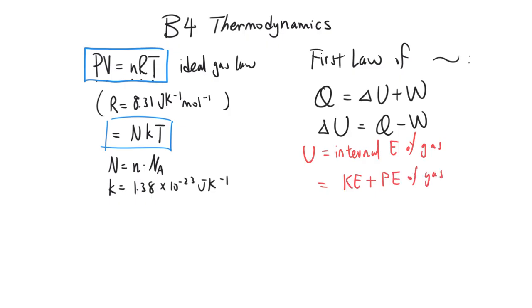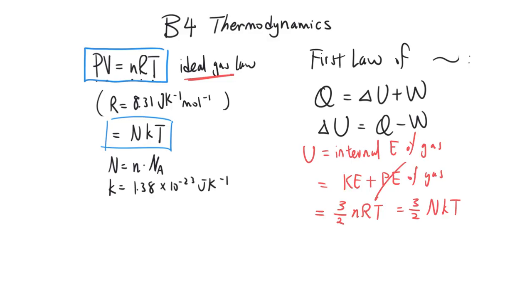But for the sake of ideal gases, this PE part is eliminated. So we only care about its kinetic energy, and we know that the kinetic energy of an ideal gas is 3 over 2 nRT, or 3 over 2 NkT.